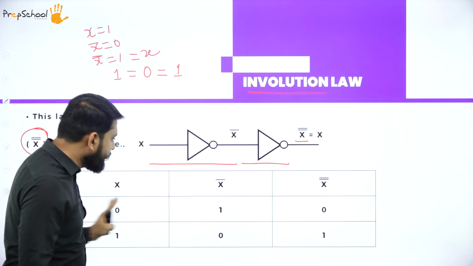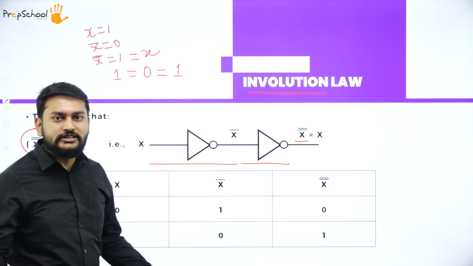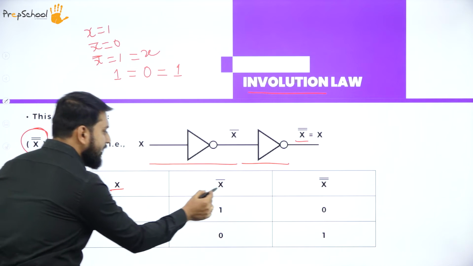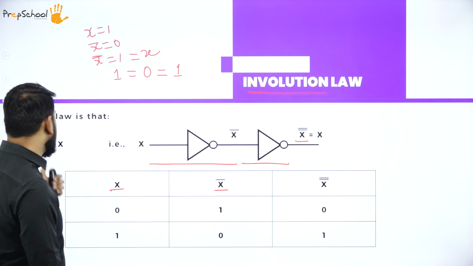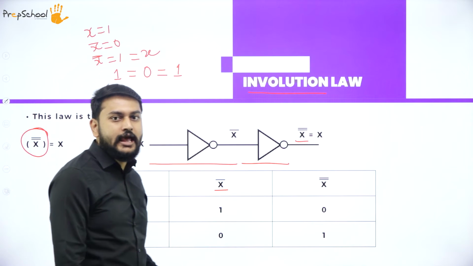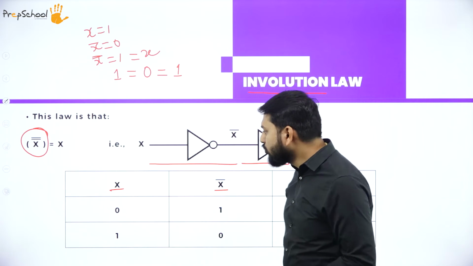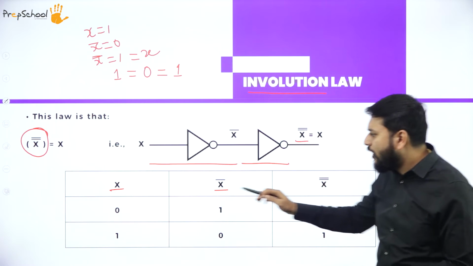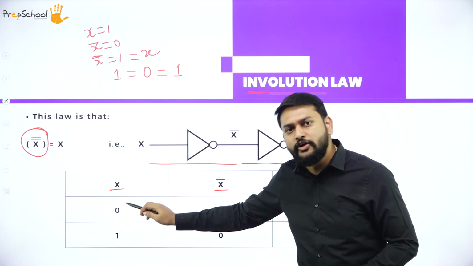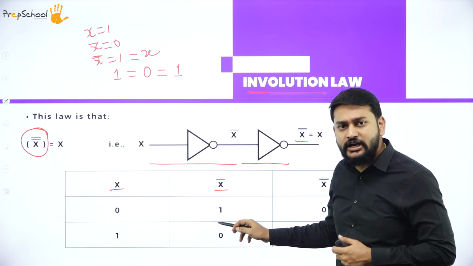So fine, what will be my truth table? Obviously, I have X, X dash and X double dash. I have my input as 0. If I complement this, it is obviously 1.